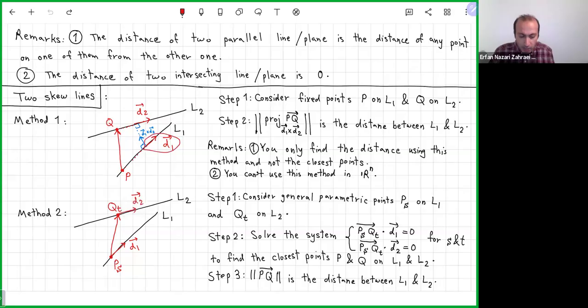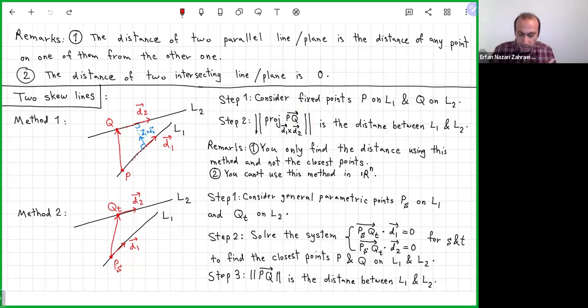So the cross product of directions D1 and D2 gives you a direction, and you project PQ onto that direction. The length of this projection gives you the distance.